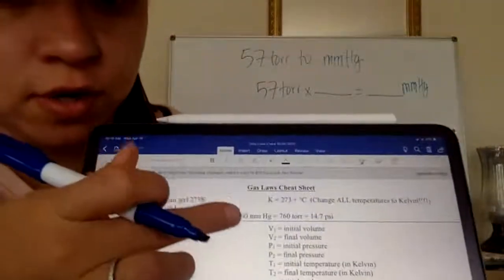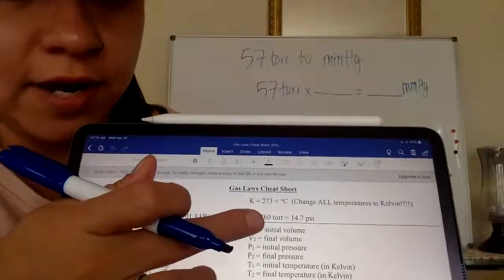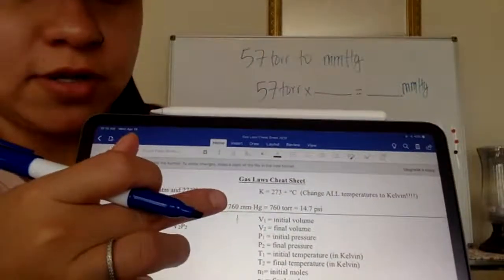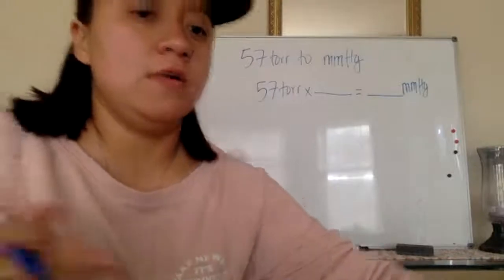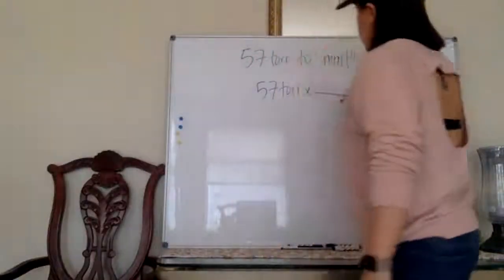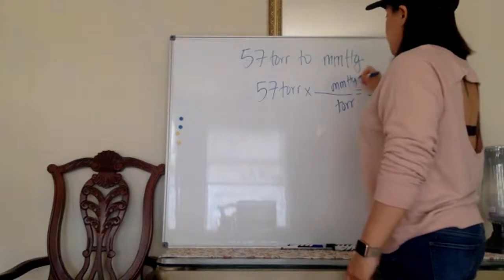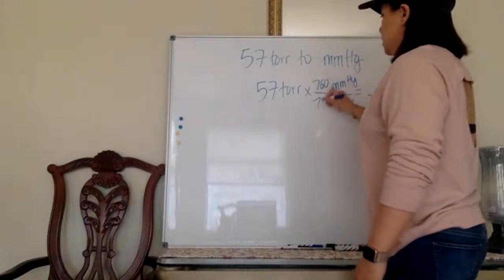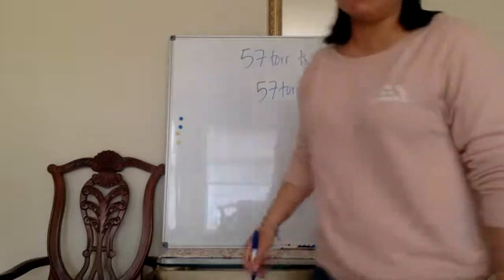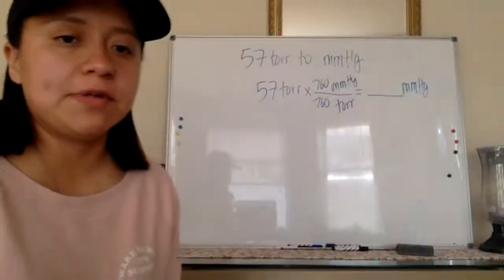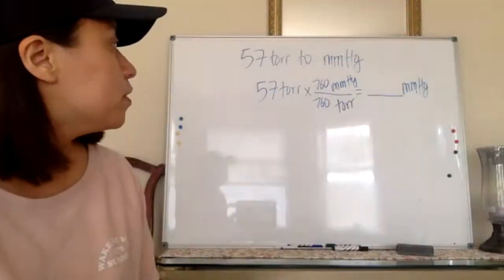You're going to look for torr. So torr is 760, right? And millimeters of mercury is also 760. So because you want to get rid of torr, it has to be at the bottom. Millimeters of mercury has to be at the top. And both numbers are 760, right? Because 760 millimeters of mercury is equal to 760 torr.